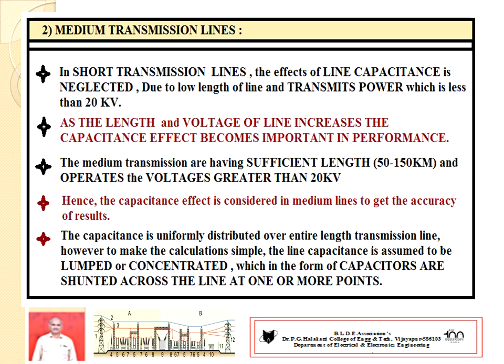The same happens in medium transmission lines. Medium transmission lines are in the range of 50 to 150 kilometers in length and operate at voltages more than 20 kV. Hence, we have to consider the capacitance effect to get accurate results.